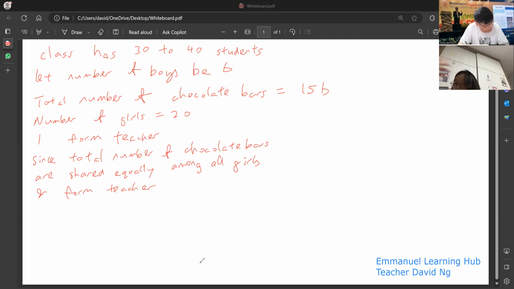So 21. The prime factorization of 21 is 3 times 7. The prime factorization of 15 is 3 times 5.